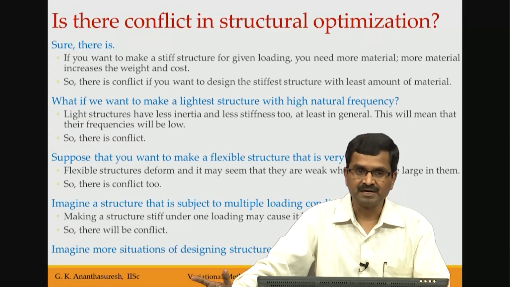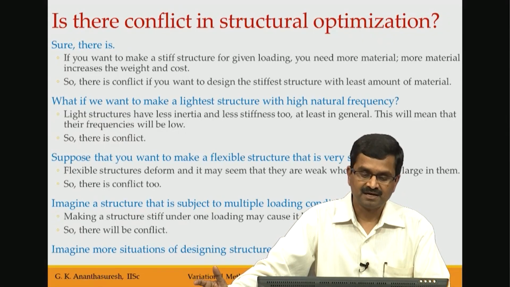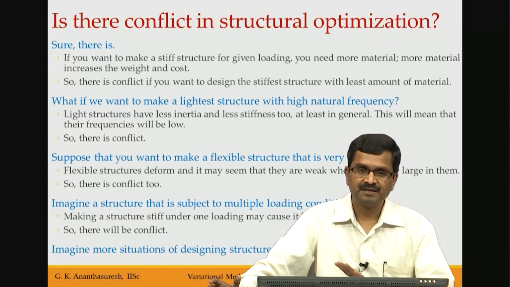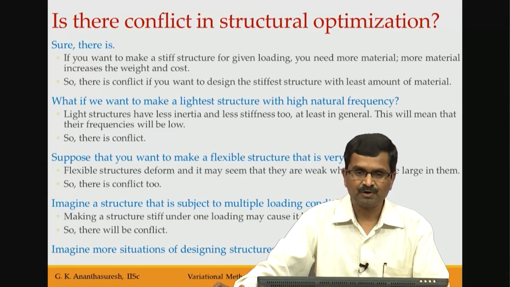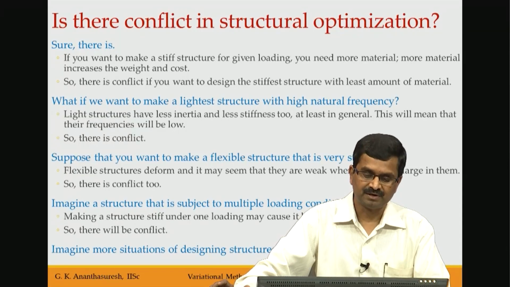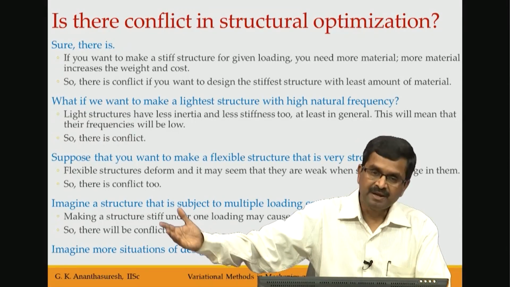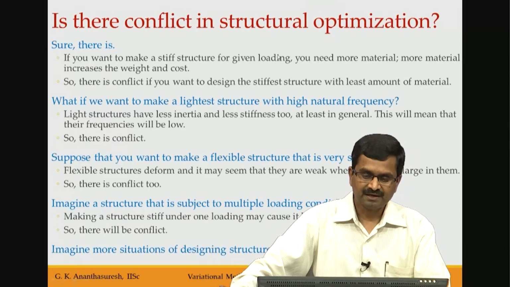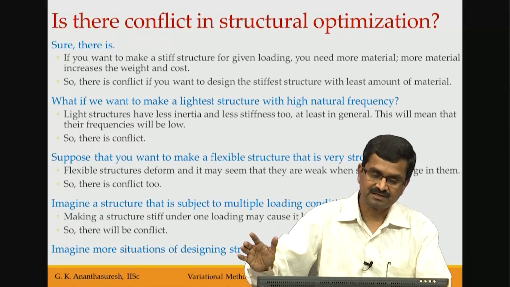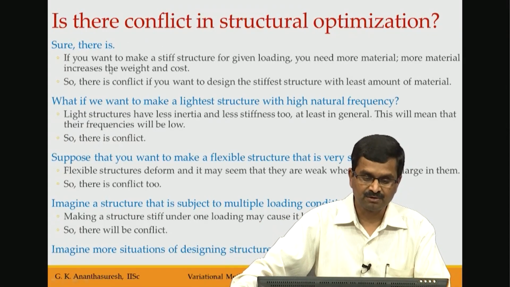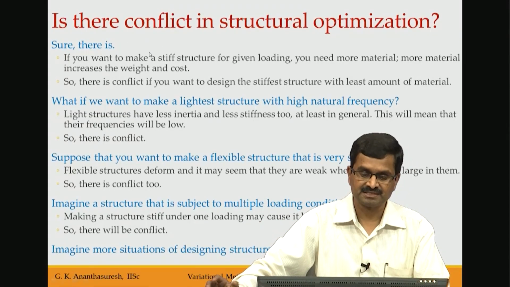We would like to build a structure with as little material as possible, while we want to make it very stiff, very strong, very stable, and many other things. Okay. But then you cannot make something stiff with little material. So, you have to optimize the structural design to get there. So, there is a lot of conflict in structural optimization, there is competing.